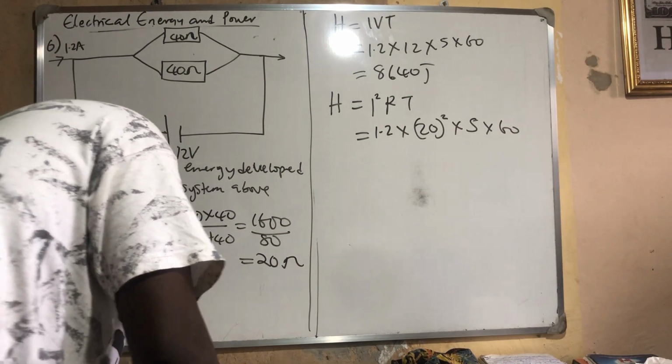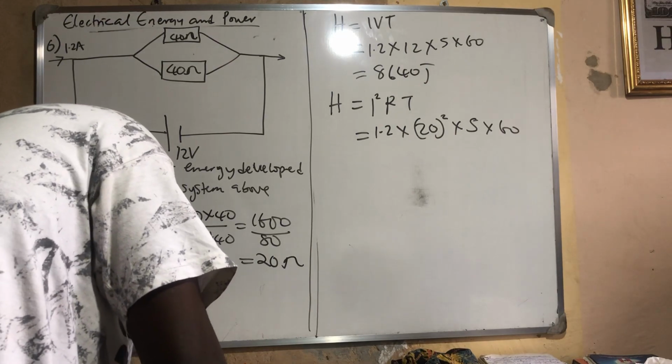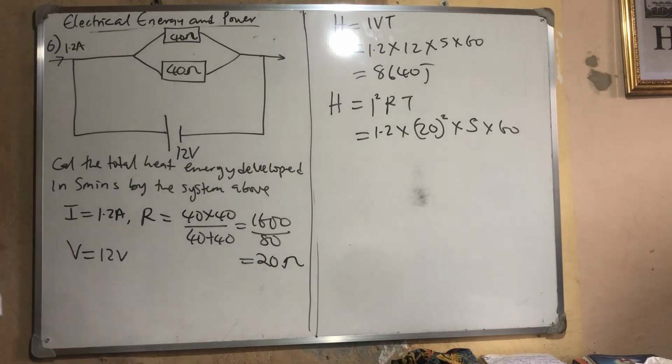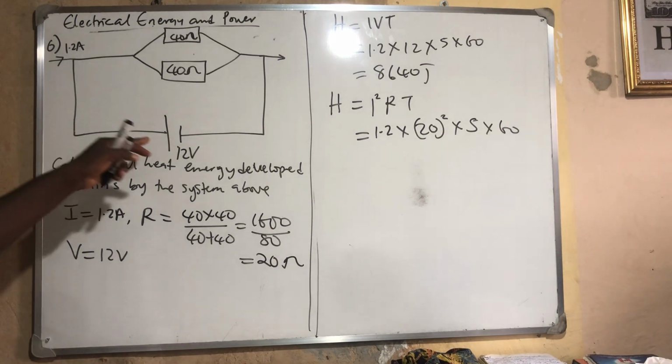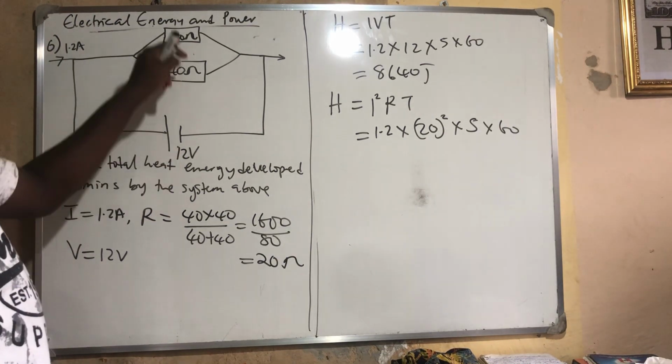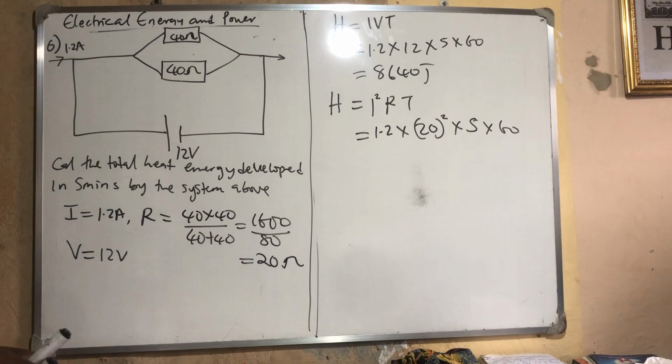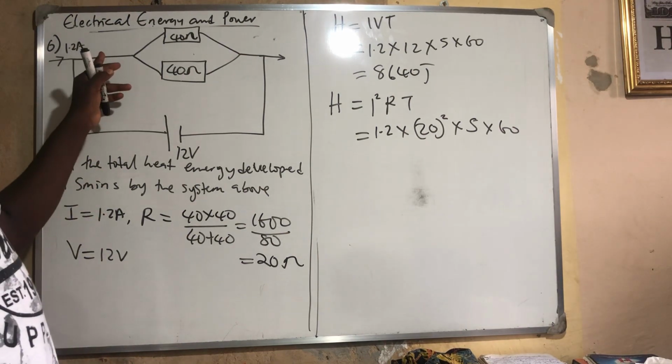Okay, the total voltage there is 24, because we have the first voltage for this and the other one for this. It's not the same voltage that is entering there.